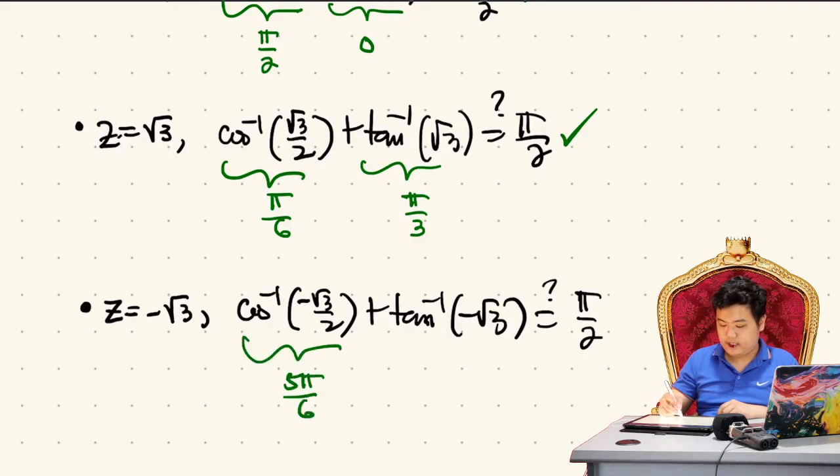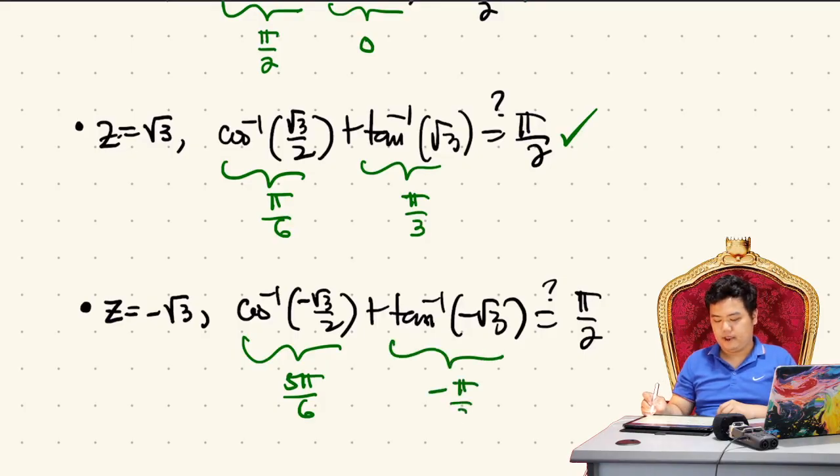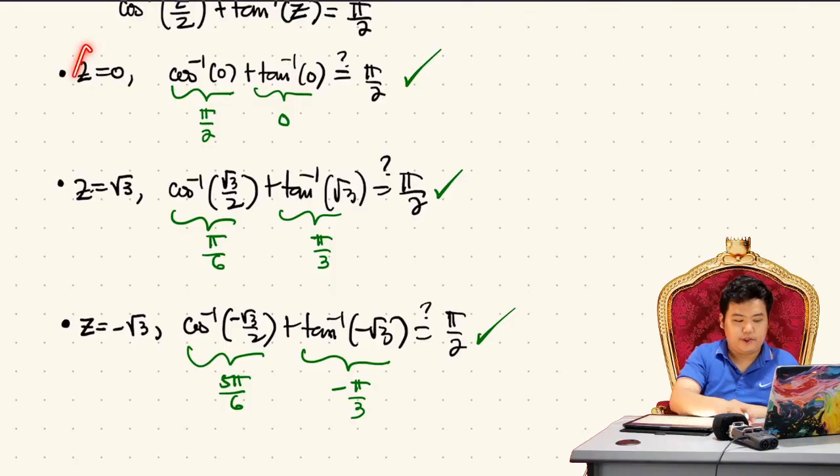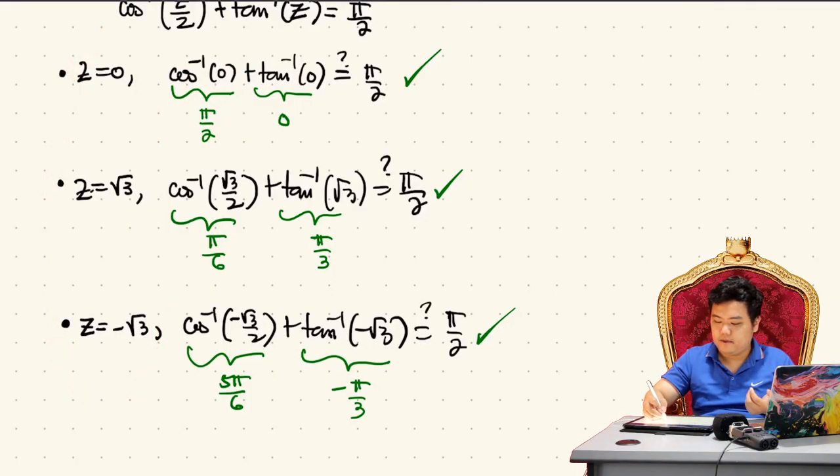And this is negative pi over 3. Mag-equal ba yan? Yes, okay. So, these are the 3 solutions. Or kung gusto mong i-enclose lang sa isang set, you say that the solution set is 0, negative square root of 3, square root of 3.